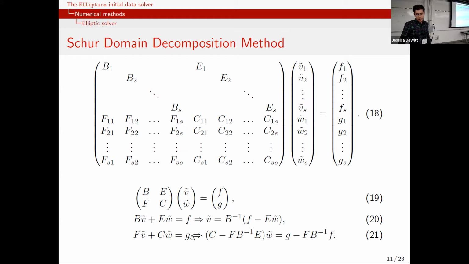The final result is a matrix equation which has only w tilde as unknown. So after finding w tilde, I can substitute back into equation 20 and find all the values of v tilde. And this is the gist of the Schur domain decomposition method. This is generally a divide and conquer method.